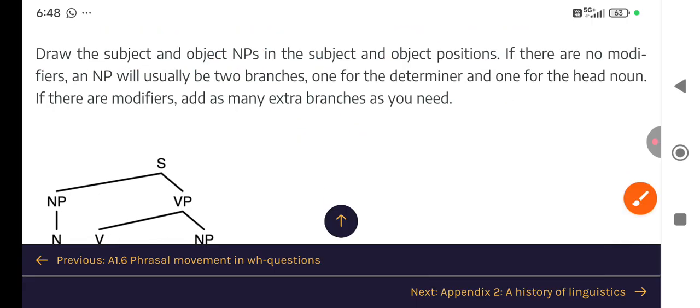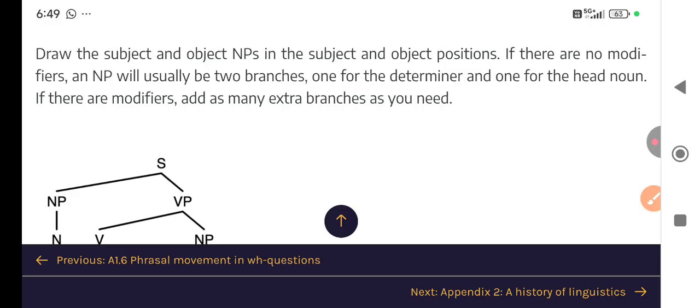If there are no modifiers, a noun phrase will usually have two branches, one for the determiner and one for the head noun, right? If there are modifiers, add as many extra branches as you need.